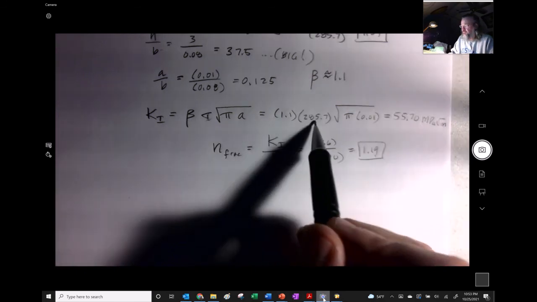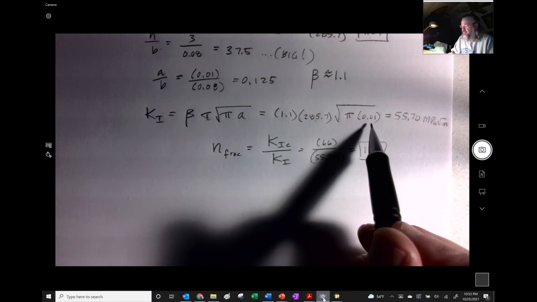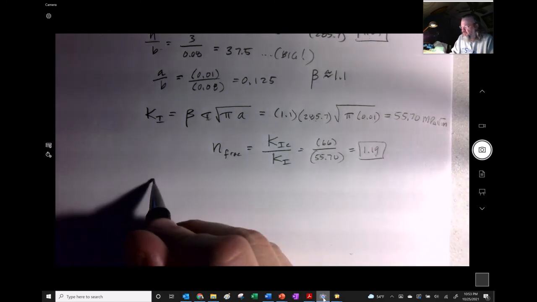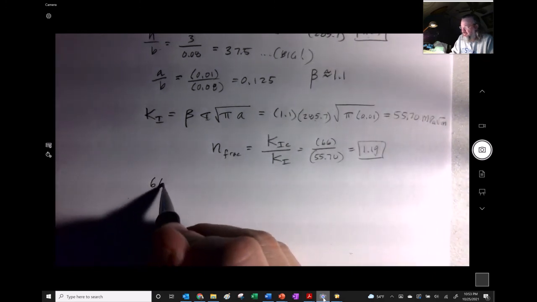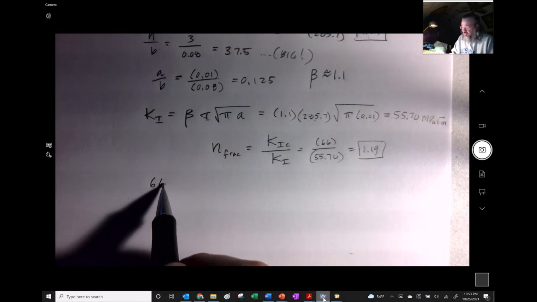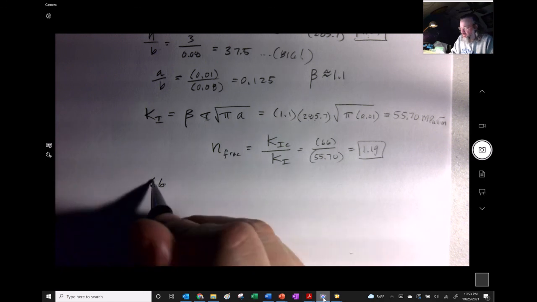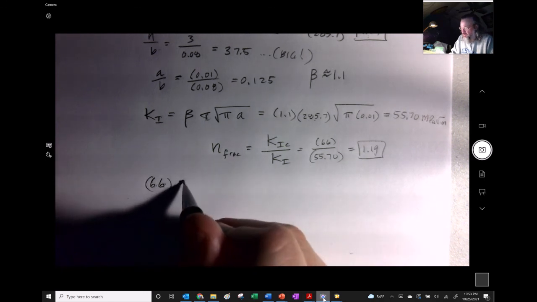Instead of using the far field stress, I decided to use this. I think I could instead just simply go 66. And what I want to do in terms of units is just make sure that this and that are the same units, right? So I could go 66 right here.